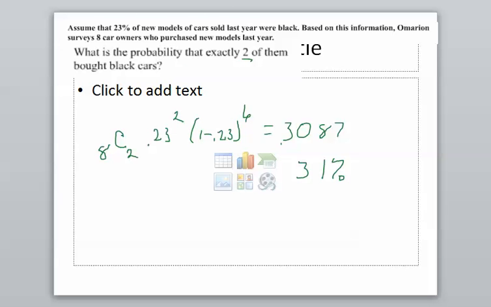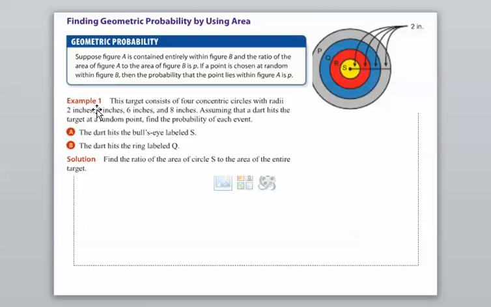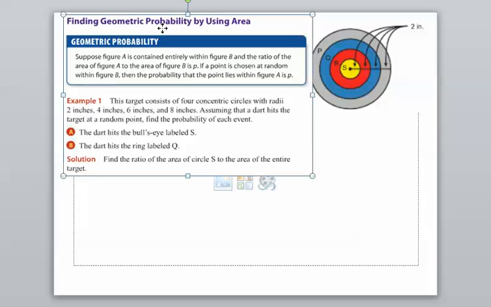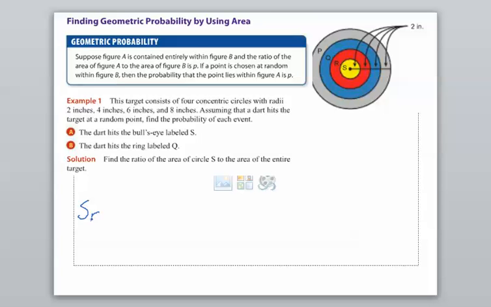Cool. Let's look at this next one here. What can we do to find geometric probability using area? Well, as you've seen, area probability is nothing more than the probability of success of an event divided by the total sample space, right?